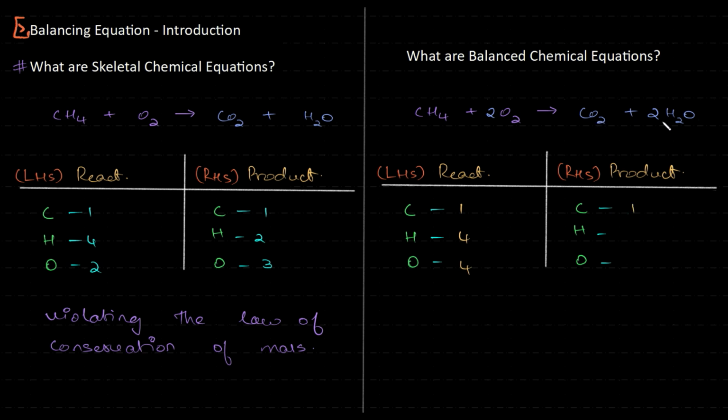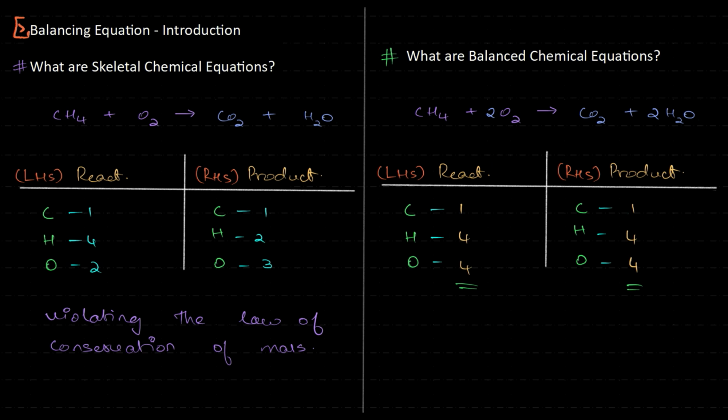Oxygen, there is 2 and also 2 over here, so basically there is 4. And hydrogen, there is 4. Can you see that? The number of atoms on the LHS is equal to the number of atoms on the RHS. It maps. Herein there is no violation of the law of conservation of mass. And this is an example of a balanced chemical equation.